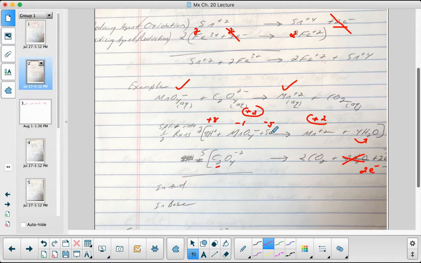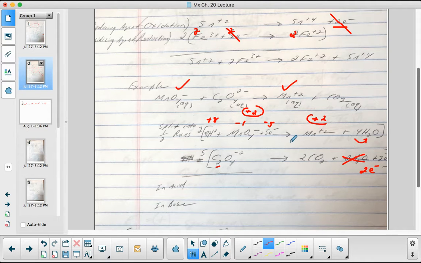The only way I could make both of these sides have the same charge of positive 2 would be by adding these 5 electrons. So initially I had a positive 8 and a negative 1, which is a positive 7. And the only way I could get this side to have a positive 2 like this side was by adding these 5 electrons. Okay, you do that step before you do your check.